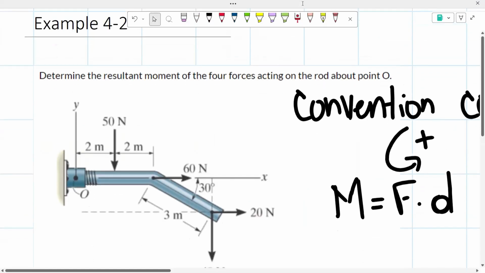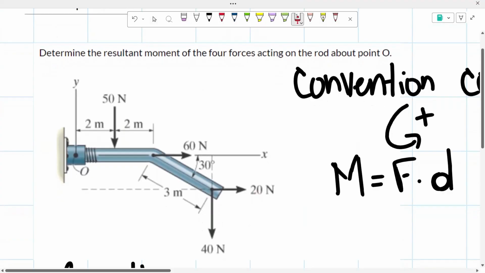Like I mentioned earlier, this is a vertical force, so we're going to have to shift that to our y-axis. So remember, moment is equal to force times distance. So here we have our force. Now we need the distance. And as you could tell, from the force to the y-axis, we have 2 meters. So that's our distance.